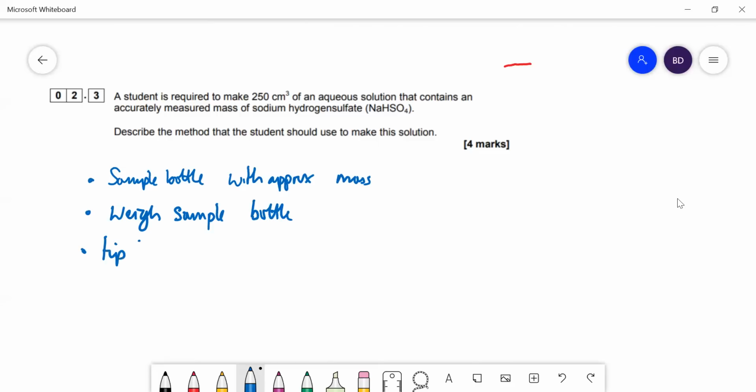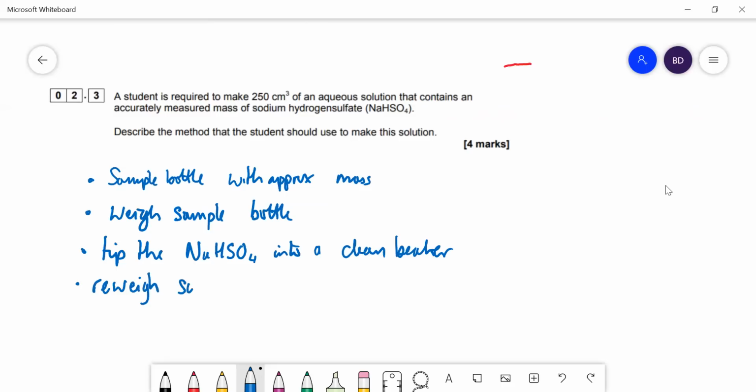Then you tip the sodium hydrogen sulfate into a clean beaker. And then you reweigh the sample bottle to find the mass of the stuff you've added by difference. So you've done that.